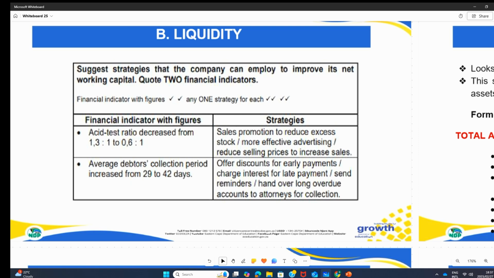Now, when it comes to the strategies, meaning what are the things that we need to do in order to improve these financial indicators? When we look at our acid test ratio, remember acid test ratio excludes the inventory. This means that we as the business are asking, are we able to cover our current liabilities in an instance where we are maybe not able to sell any of our stock?